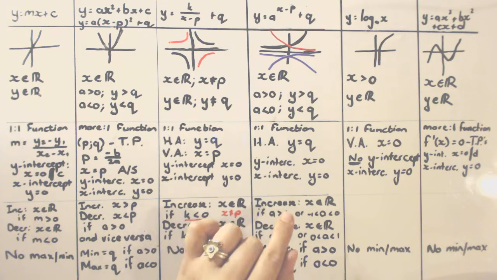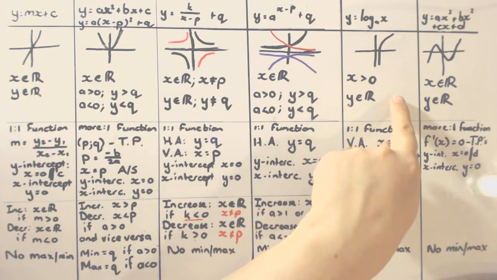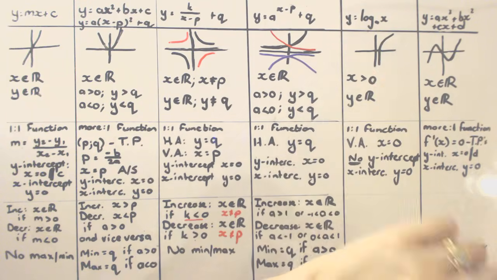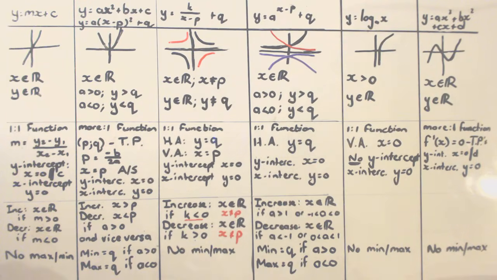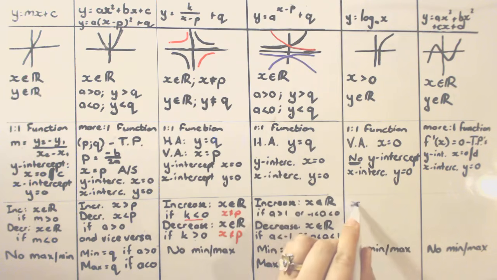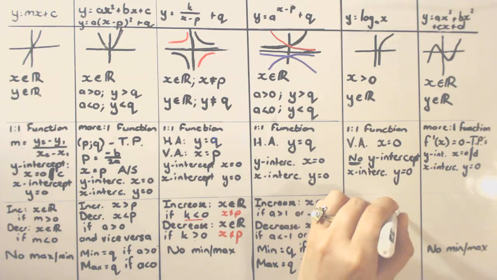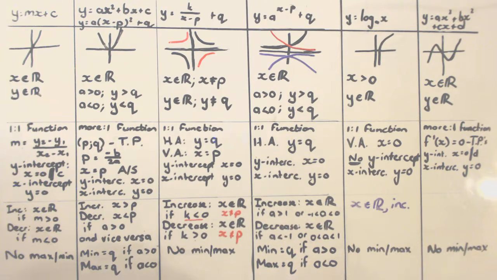Alright, so this is what's happening here. And then for this function, most of the time it will look like that, and then you can just say x increases for all values of x, it's increasing, right?